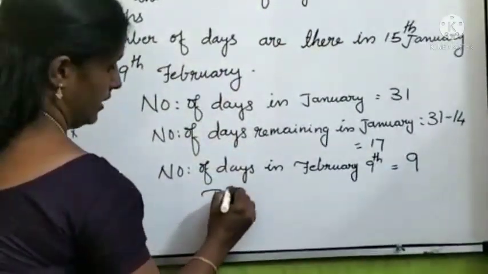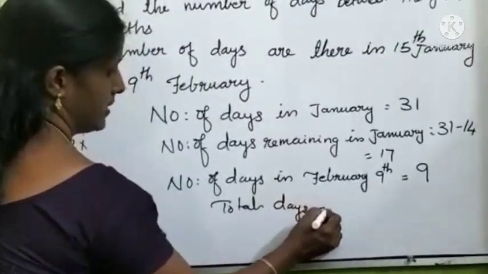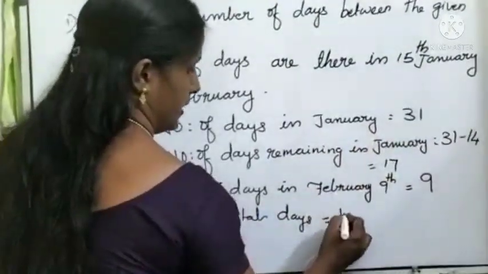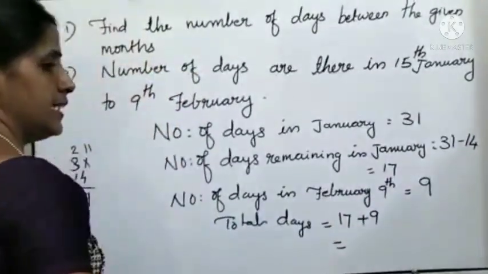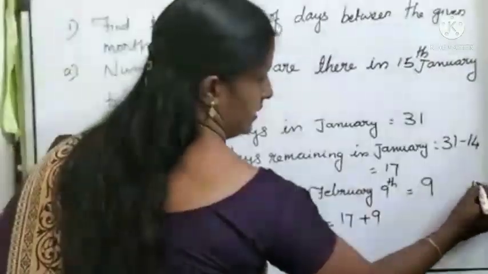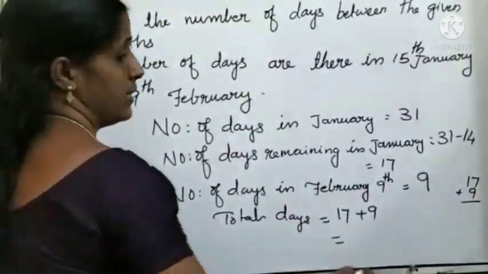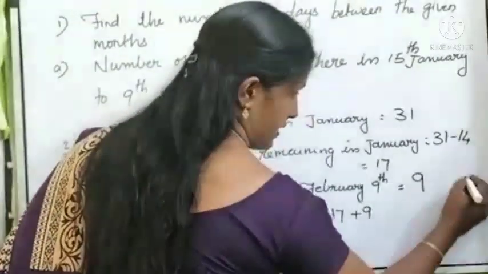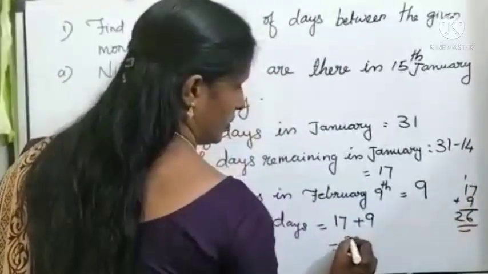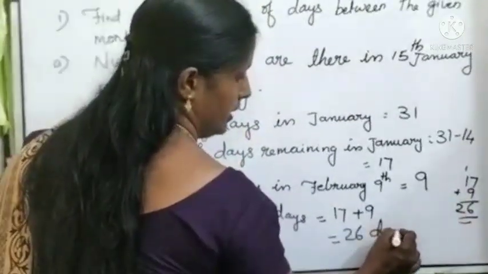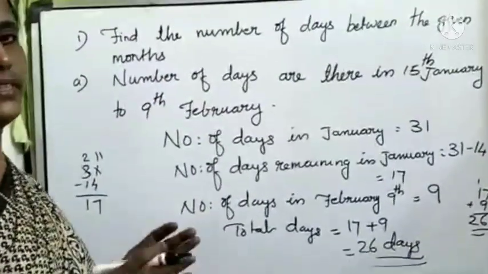So the total days is equal to 17 days in January and 9 days in February. So 17 plus 9. 7 plus 9, what is the answer? Yes, 16. 6 is here and the balance 1 is here. 1 plus 1, 2. So the total how many days are there? 26 days.